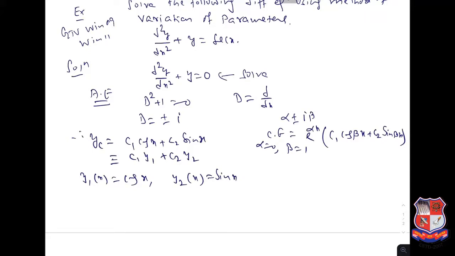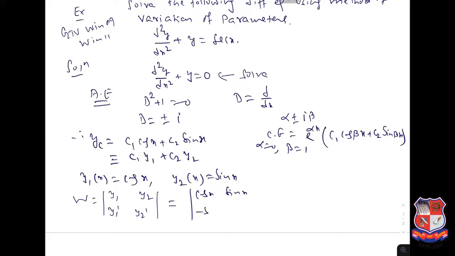And then we find W, that is the determinant of y1, y2, y1 derivative, y2 derivative, and so that is nothing but cosine x, sine x.